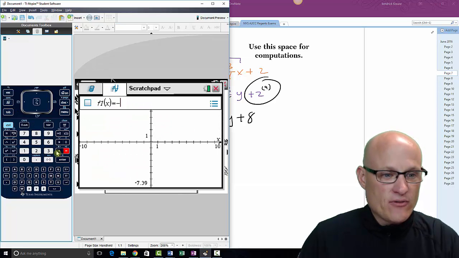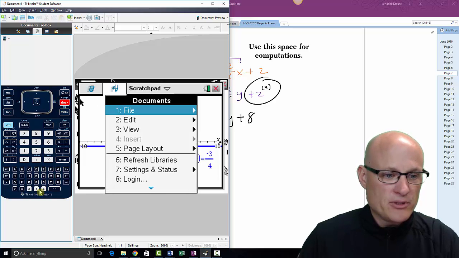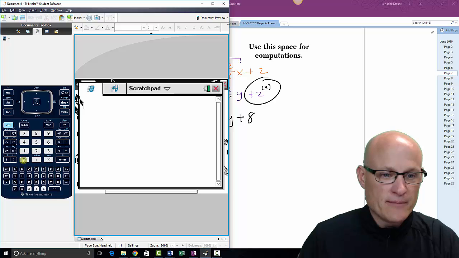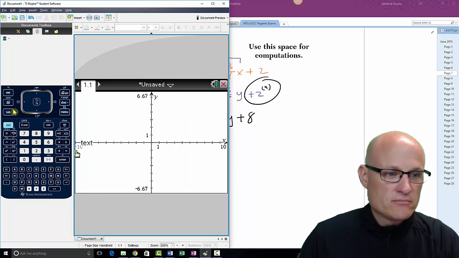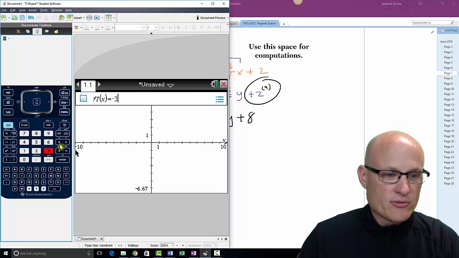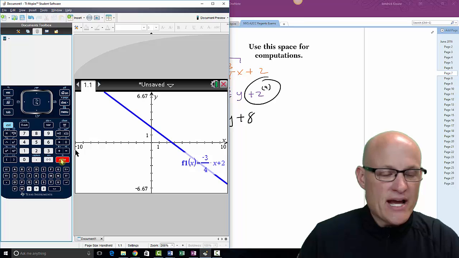So negative 3 divided by 4x plus 2. That was the original. Boom, there it is.